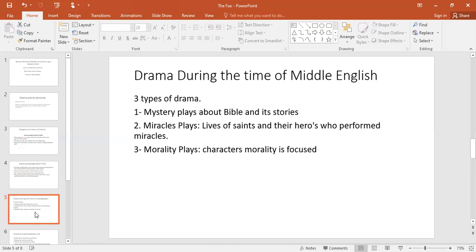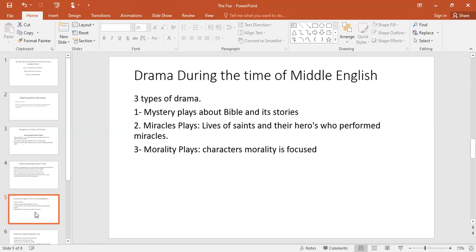That means in mystery plays, most of the time they were religious plays. There were stories from the Bible, other stories as well, but most of the stories being performed were related to religion.